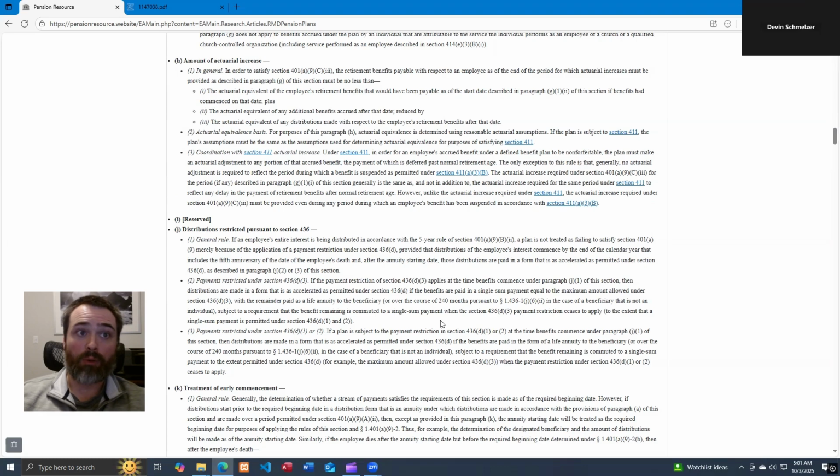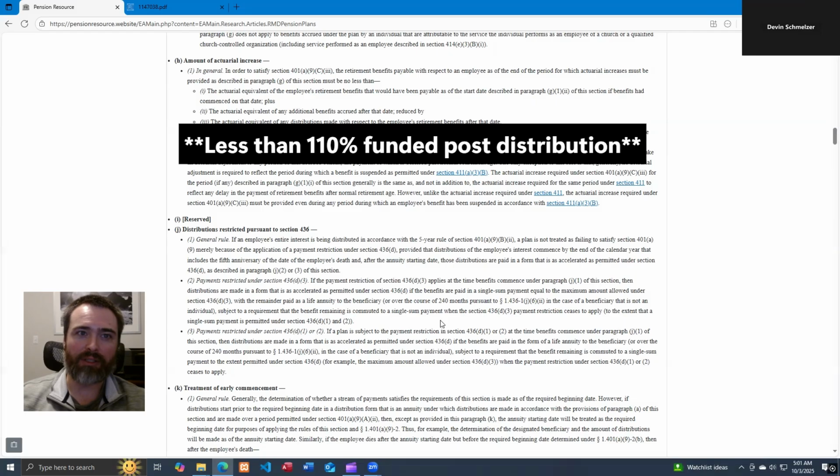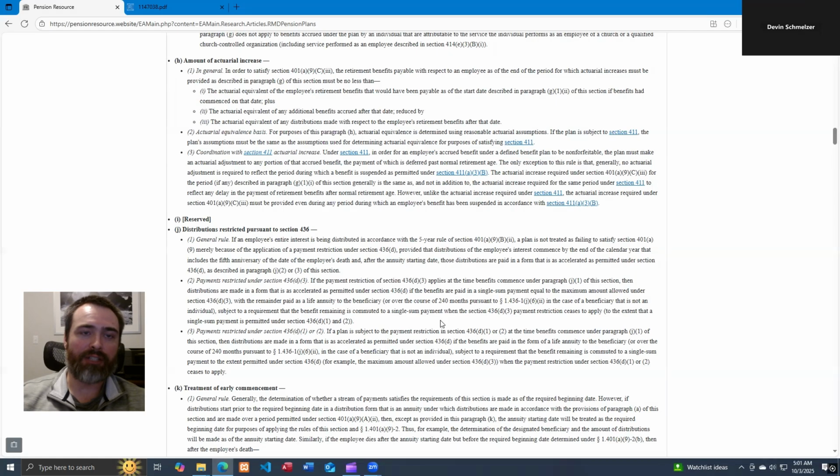While we're talking about 436, we might as well mention Regulation 1.418-5B for pre-termination restrictions for the top 25 restricted HCEs, where the plan would be less than 100% funded if the HCE was paid out of the plan. I would argue that this regulation also falls under the same jurisdiction here for 401(a) requirements as 436 does, and that the same general restrictions apply there, in that you can only pay out an amount as a single life annuity.